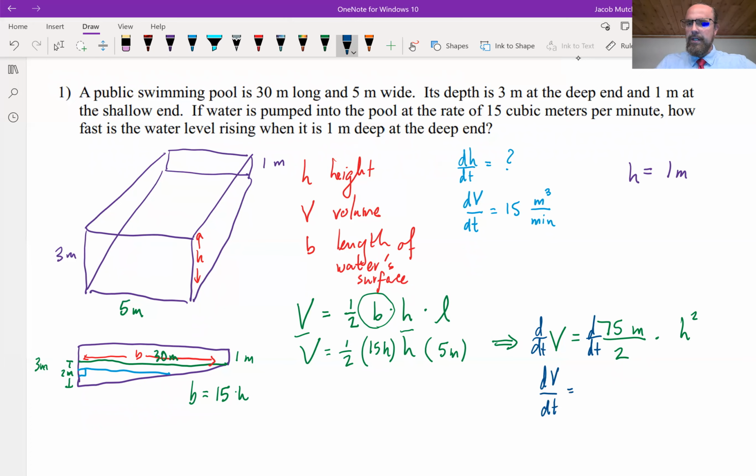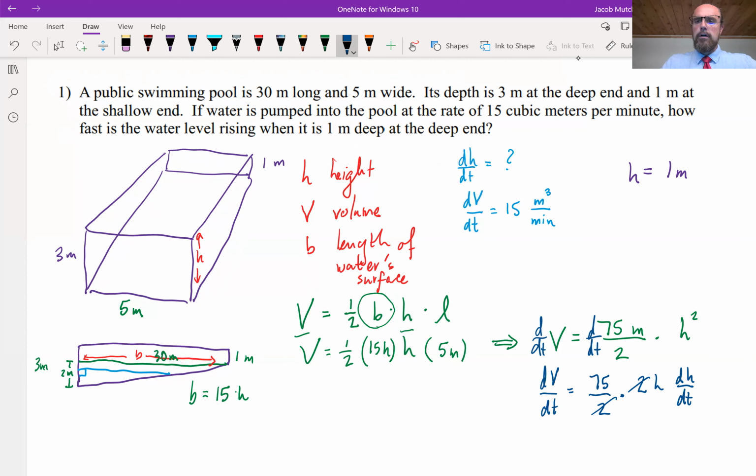On the right side, the 75 over 2 is a constant, so it's just going to be like a coefficient. And then I'll take the derivative of H squared, that's going to be 2H dH/dt. And at that point, I want to then simplify this if I can. I see I can divide my 2's out.